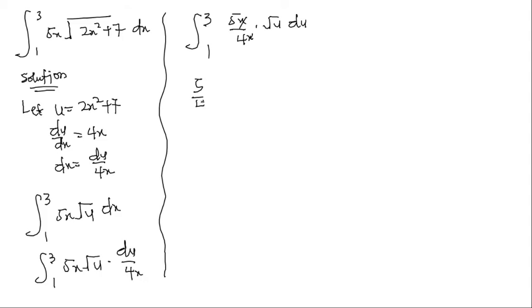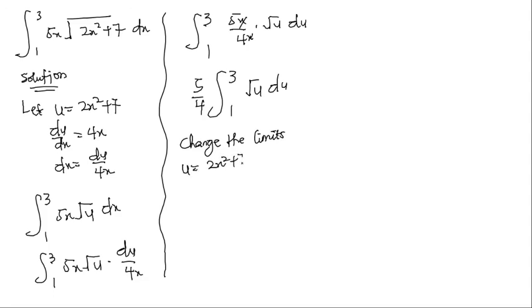I have 1 on 4, the integral from 1 to 3 of root u du. Alright, so now that I have this, I need to change my limits, because I'm dealing with a definite integral, and I'm using the method of substitution. So I said let u be 2x squared plus 7.